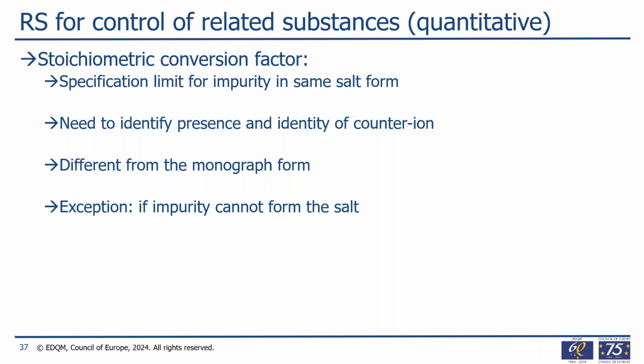Therefore, during the establishment of our reference standard, we need to identify the presence and the identity of a counterion. And if it is different from the monograph form, we introduce a stoichiometric conversion factor to eliminate the impact the salt form has on the quantification of the impurity. A big exception to this is, of course, if the impurity cannot form the salt, then it will probably not be present as a hydrochloride salt, and then we don't need to introduce a stoichiometric conversion factor.